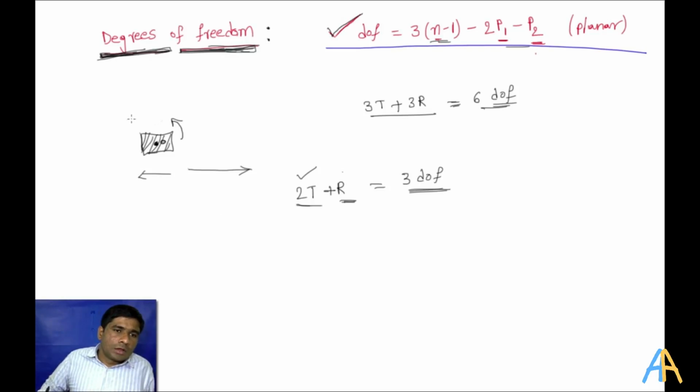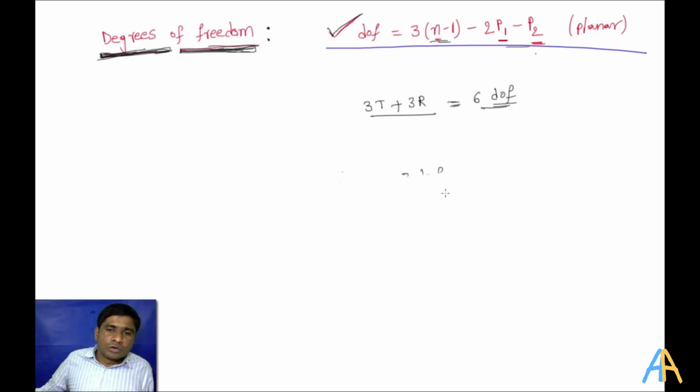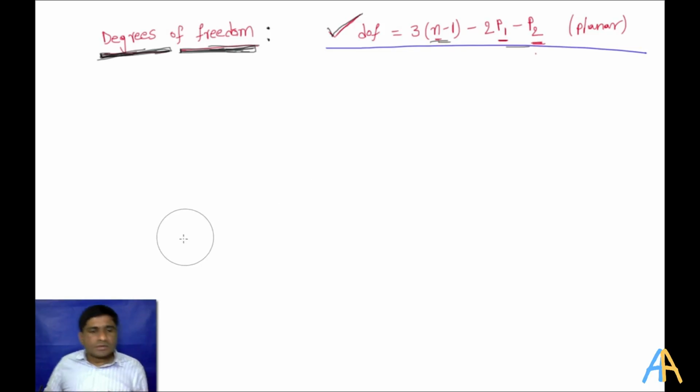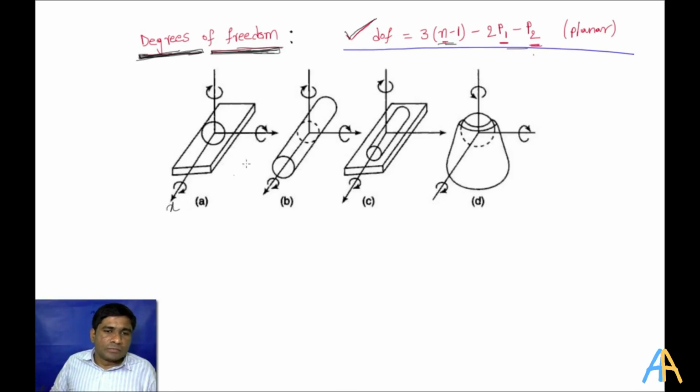Before going into the derivation, I would like to consider some other types of links and the possible degrees of freedom and constraints between those links. In the first one we have a slab or a plane, and this is a sphere, and these coordinates are like this, with the origin at the center of the sphere.